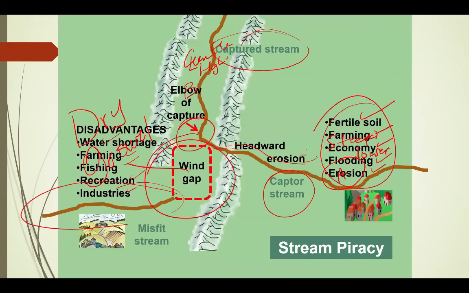But sometimes the examiners don't want to know about the impacts to the people living downstream, at the misfit or at the captor stream. Sometimes the examiner will ask you to give the impacts of this process on the rivers themselves. What is the impact of river capture? What is the physical impact?